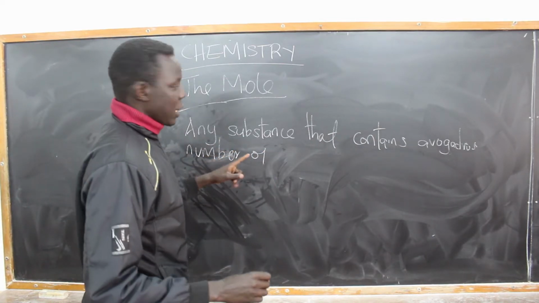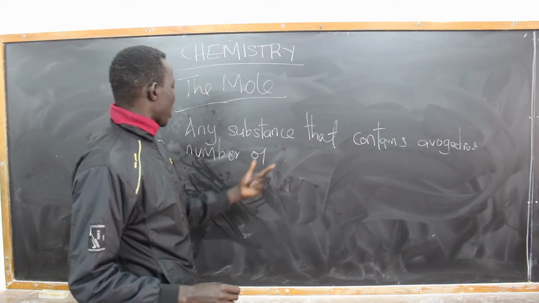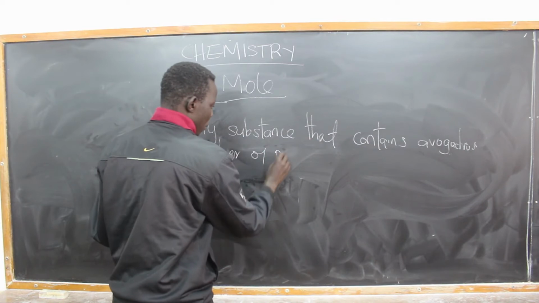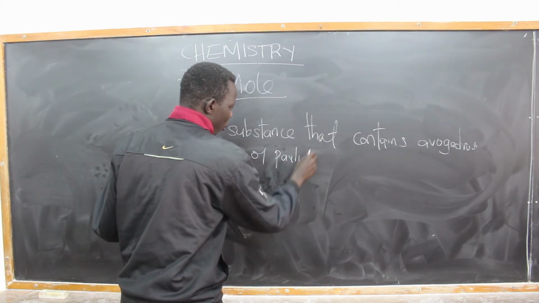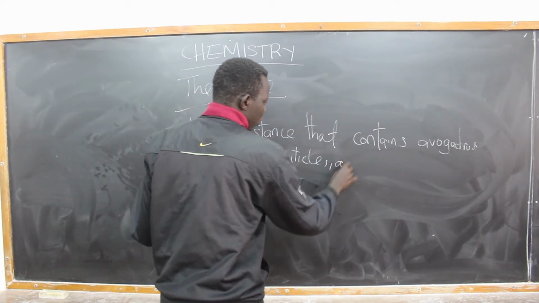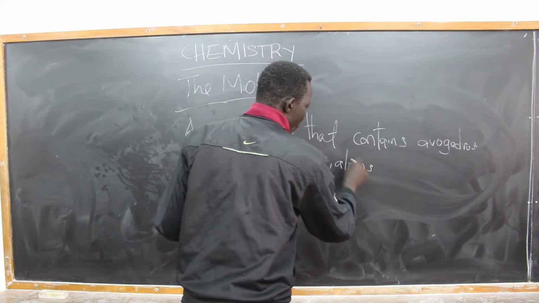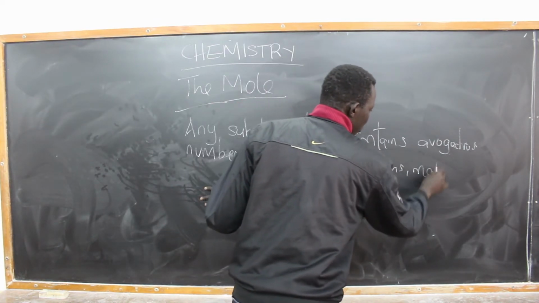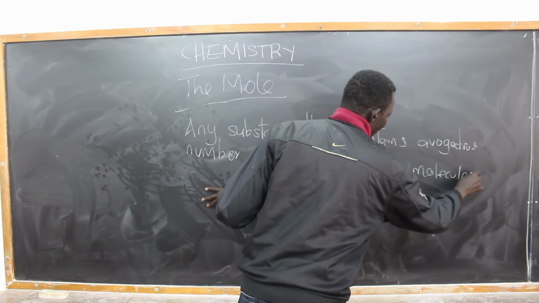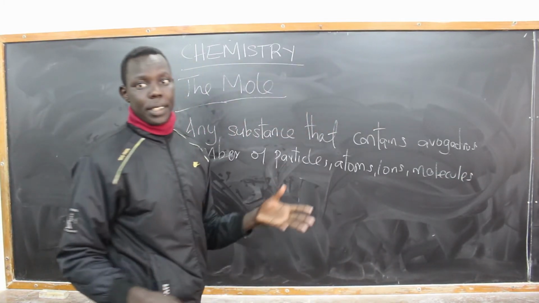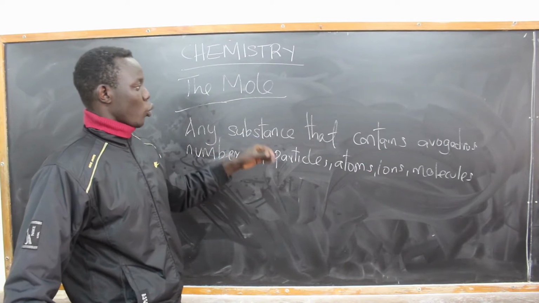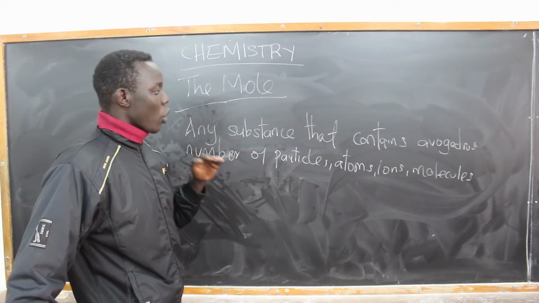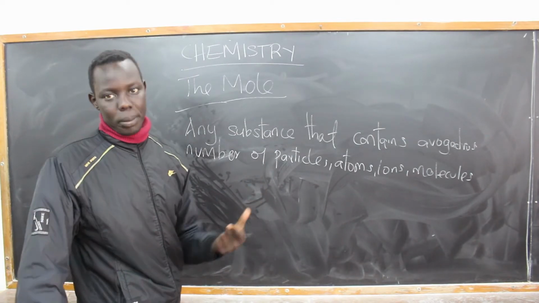Any substance that contains Avogadro's number of particles, atoms, ions, molecules, etc. So any substance that contains Avogadro's number of particles, atoms, ions, molecules is called a mole.